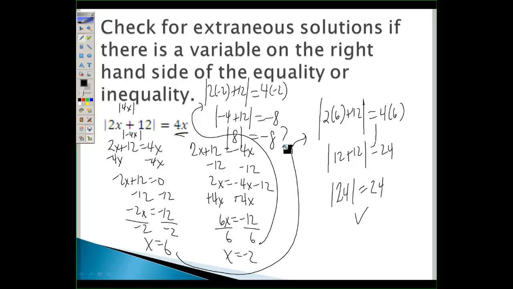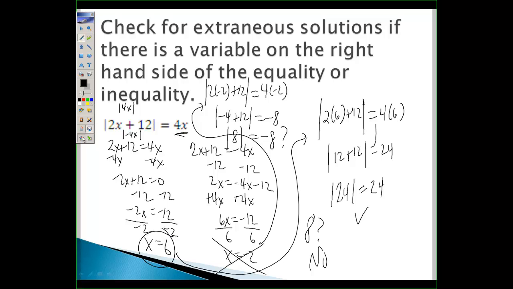It is not, because the distance 8 is from 0 is a positive 8. And can we ever get a negative number for a distance? No. This would be an example of an extraneous solution. X equals negative 2 is not a true solution. Our only solution will be x equals 6. You're going to need to cross out x equals negative 2.